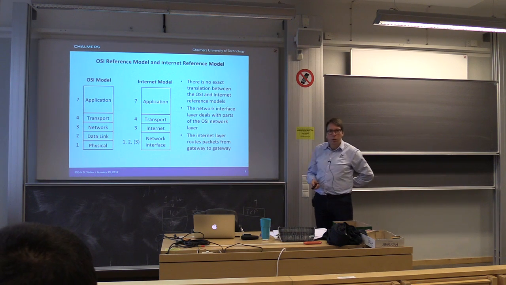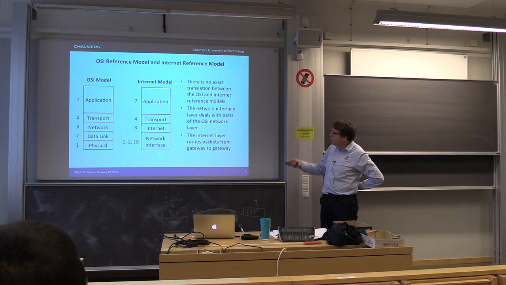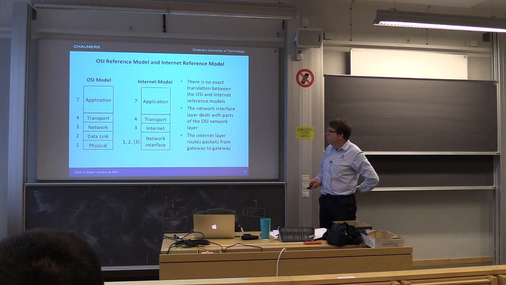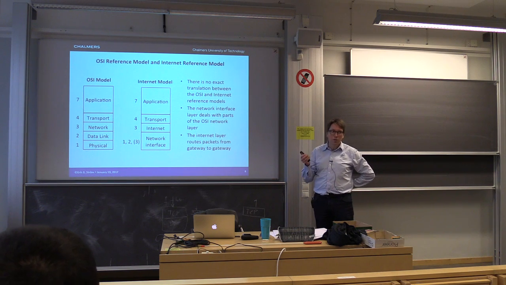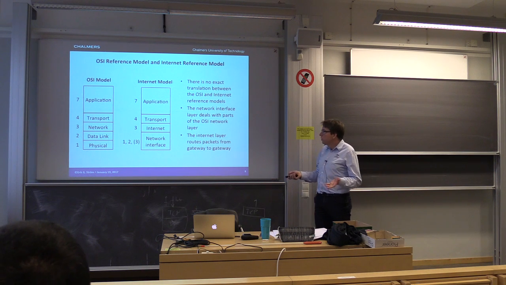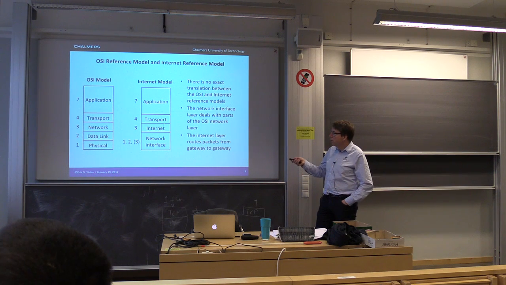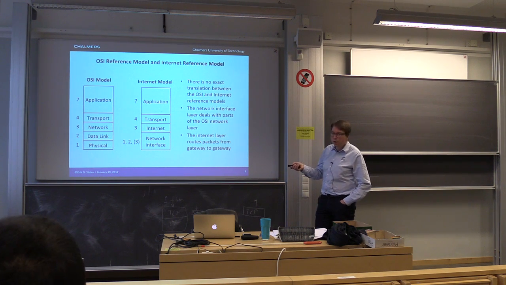And one thing which is annoying is, okay, the internet model, what is that? Well, it's a 5-layer model or a 4-layer model, depending on where you read about it. That's just an indication that it's not very structured. In this course, we will think of it as a 4-layer model, mostly at least.